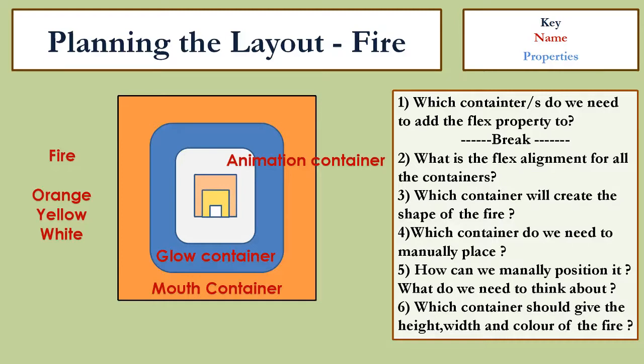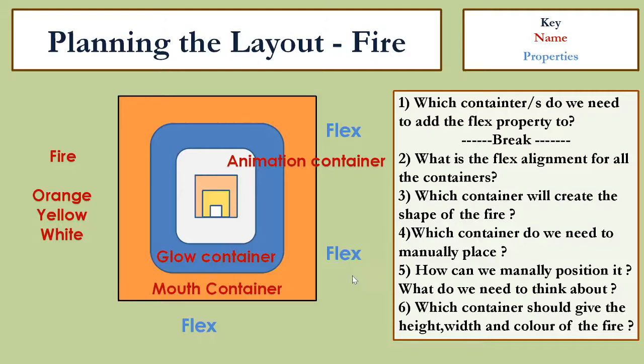So hopefully you've paused the video, and let's look at the first answer. The way that I would do it is I would add a flex to the mouth container because we want to center the glow container in the middle. I'd also add a flex to the animation container because we want to add the fire in the center.